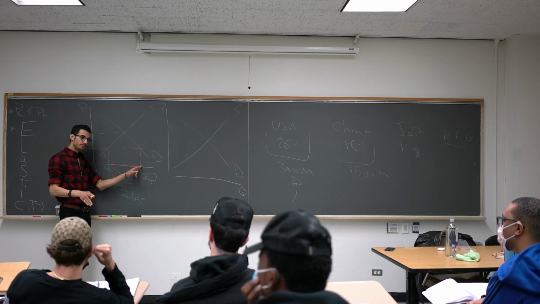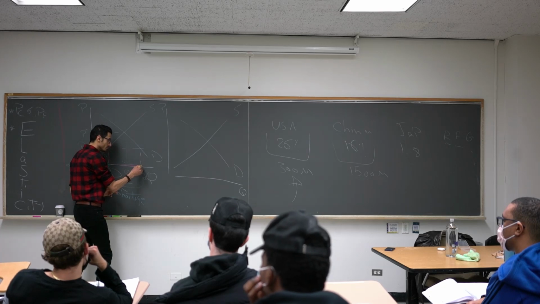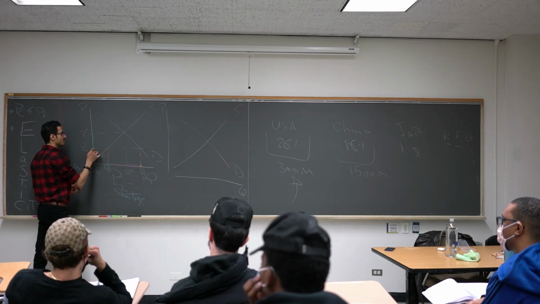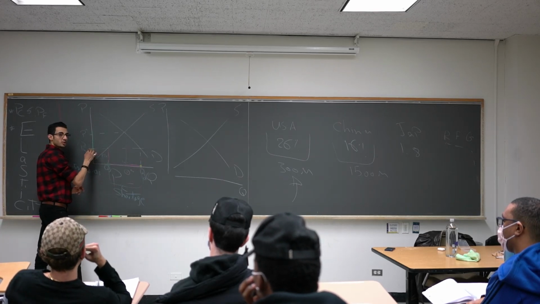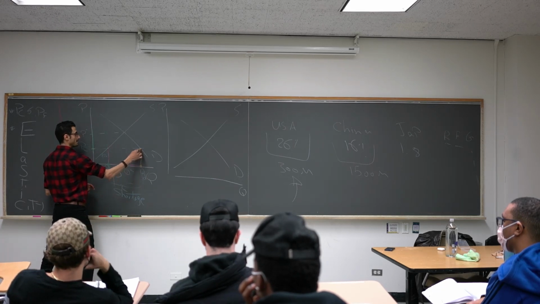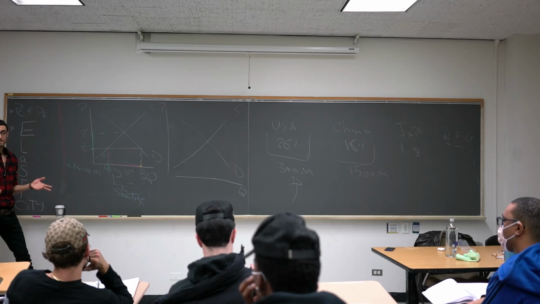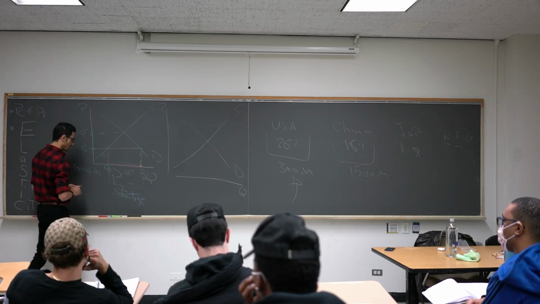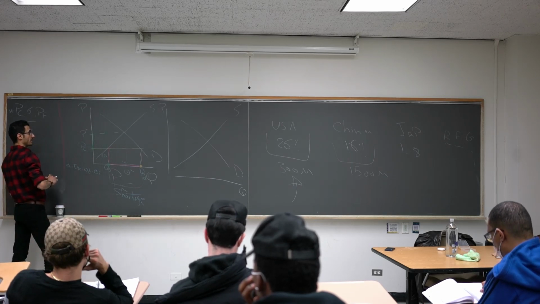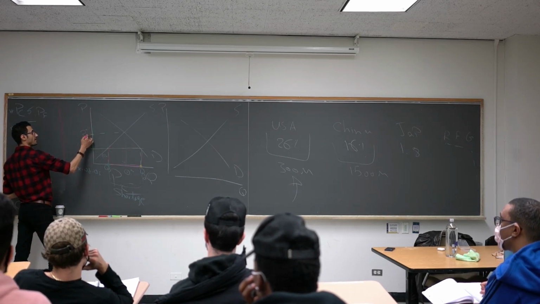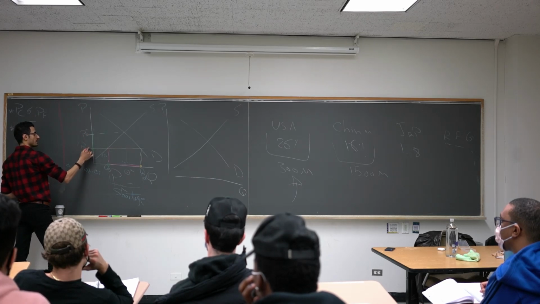So they were willing to pay this price. They were willing to pay this much. Let's give numbers. It'll make your life easier. Give a number to this. Come on. 30. And this. 20. Very good.